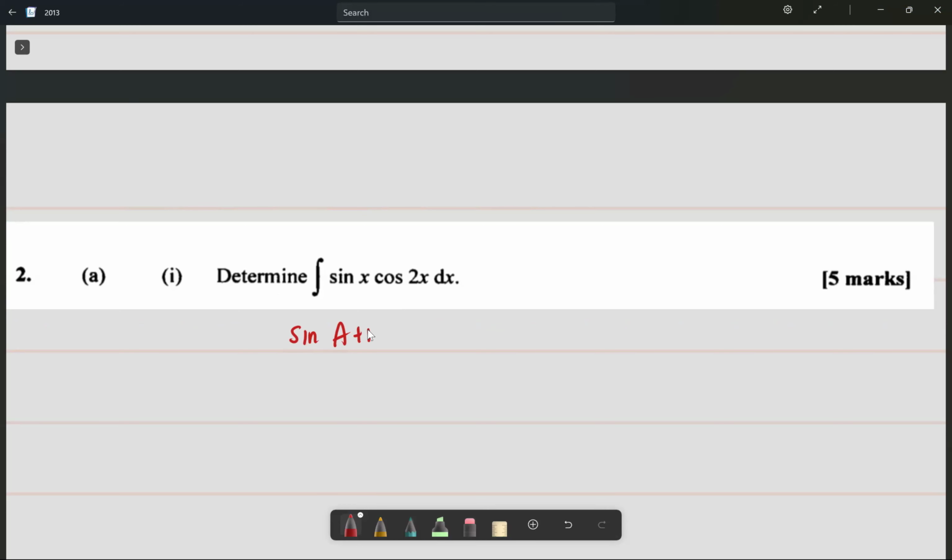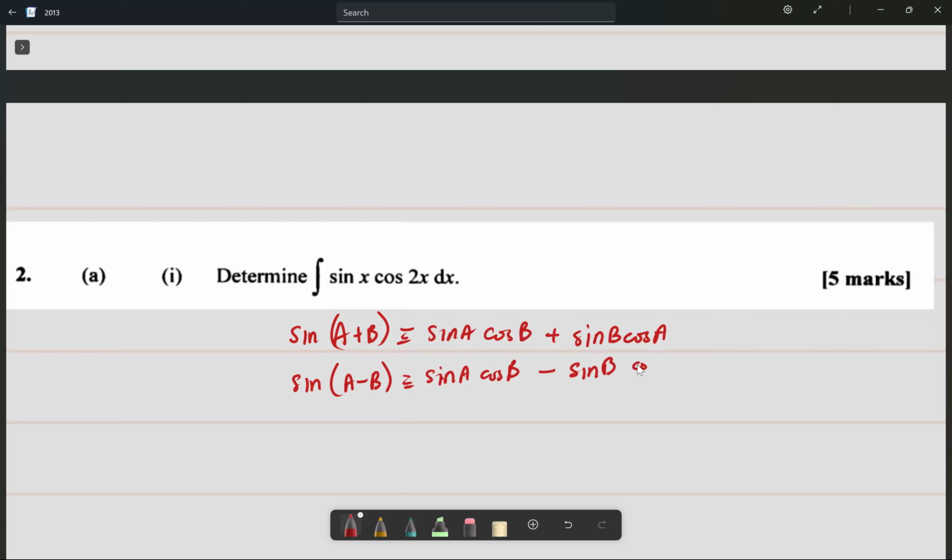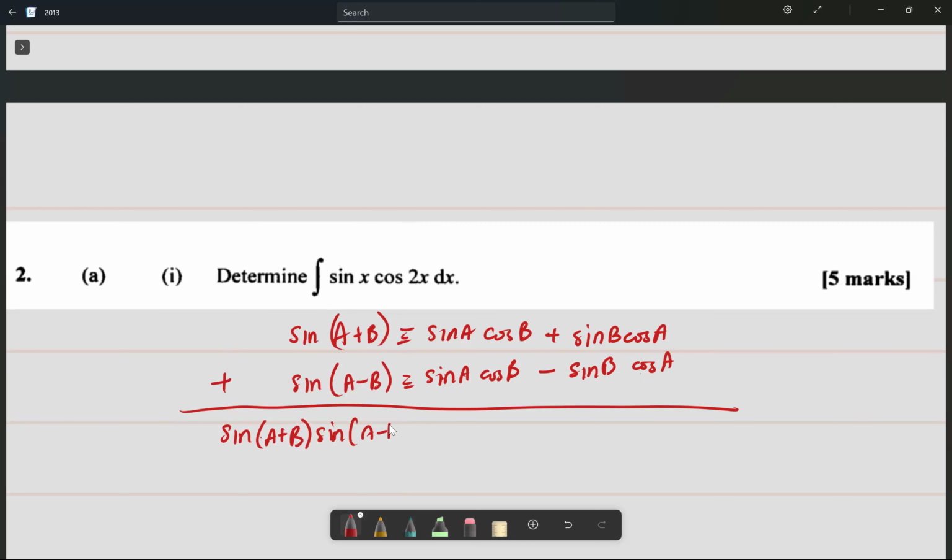So sine of A plus B is equal to sine A cosine B plus sine B cosine A. And then if we're supposed to subtract instead, sine A minus B is sine A cosine B minus sine B cosine A. If we add those two identities together, we get sine A plus B plus sine A minus B is the same thing as 2 sine A cosine B, and this cancels out.